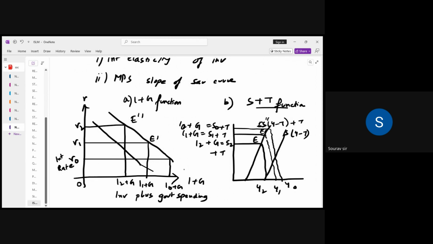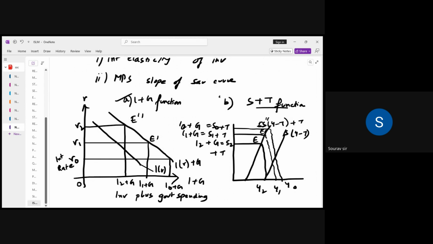So this point is illustrated here. As you can see in A, this is I of R and this is I of R plus G. Here it's steep, and a fall in R will lead to an increase in I only by a small amount. This is for one.